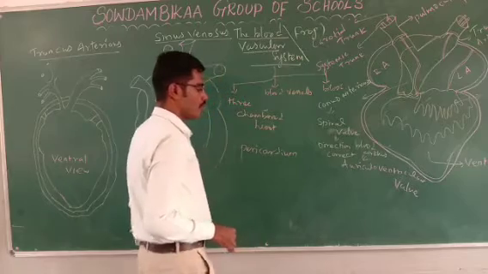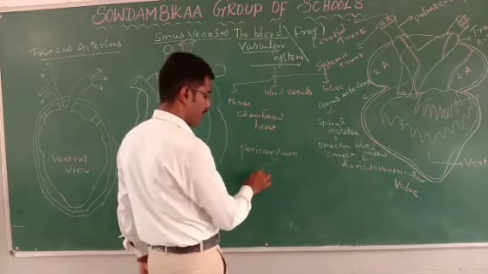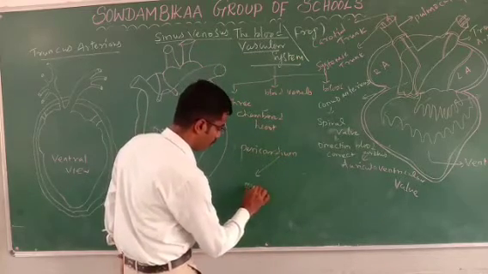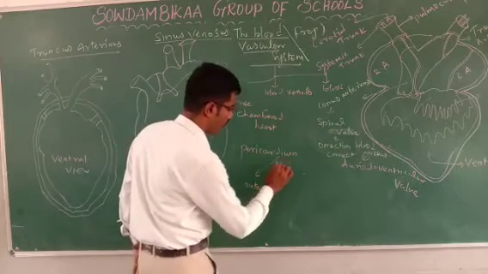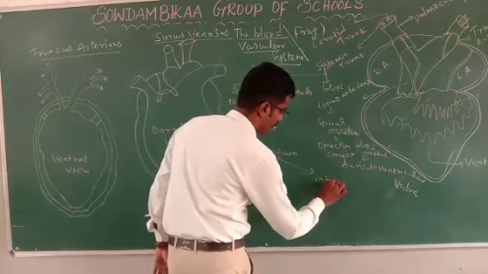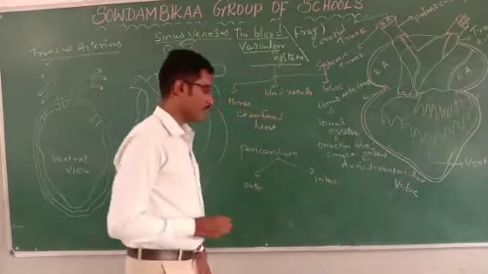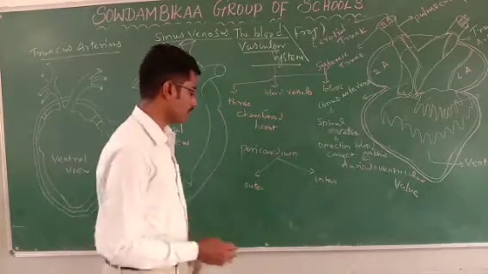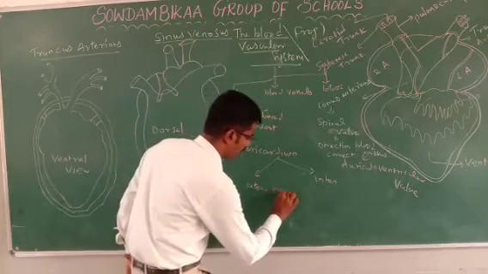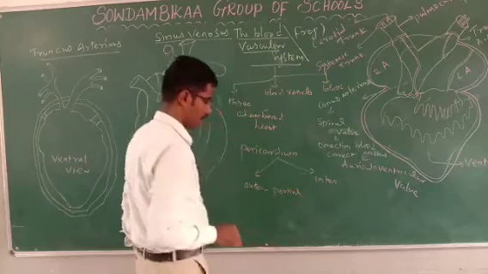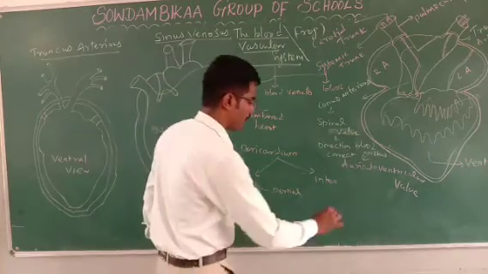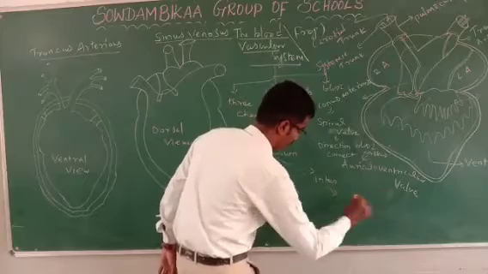Pericardial membrane. The double-walled pericardial membrane has an outer layer and an inner layer. The outer is called parietal and the inner is called visceral.